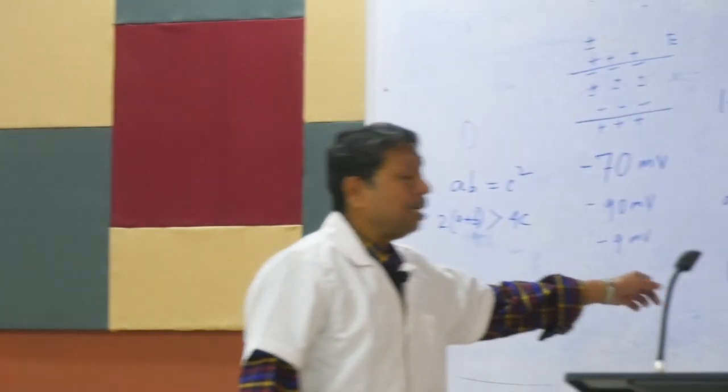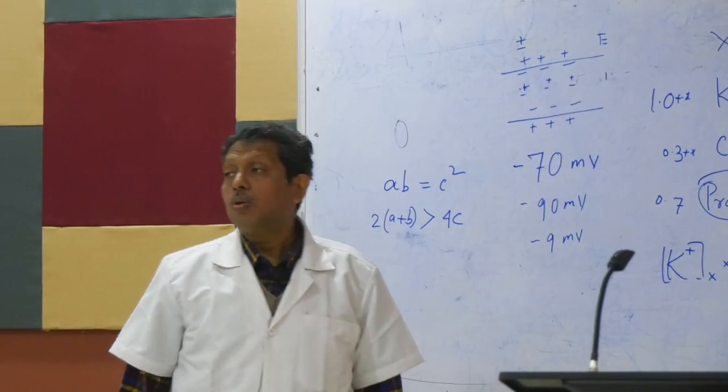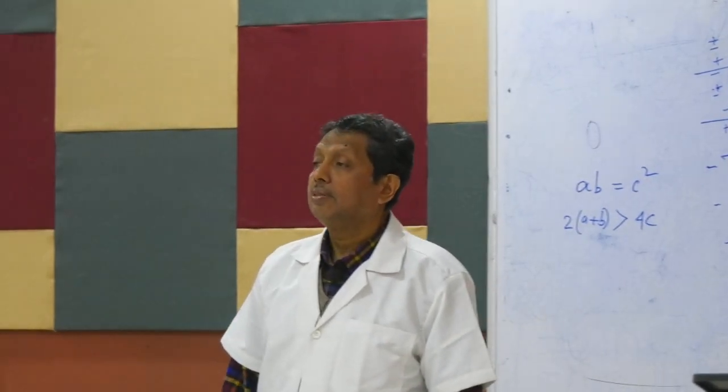Because of the presence of sodium potassium ATPase in all the cell membranes, that will pump 3 sodium ions from inside to outside in exchange for 2 potassium from outside to inside. So there are some surplus particles that are pushed out of the cell, and so it negates the tendency.